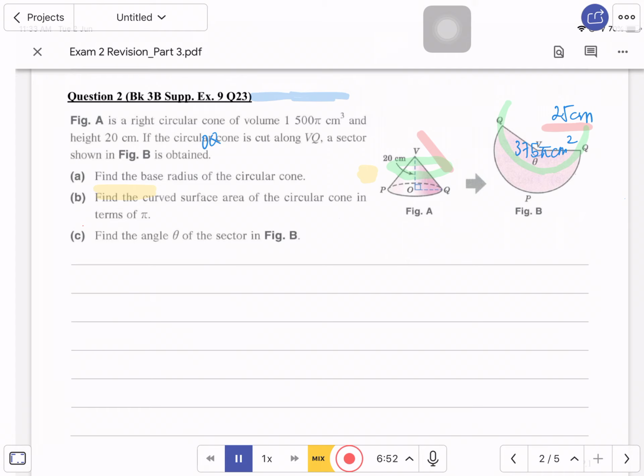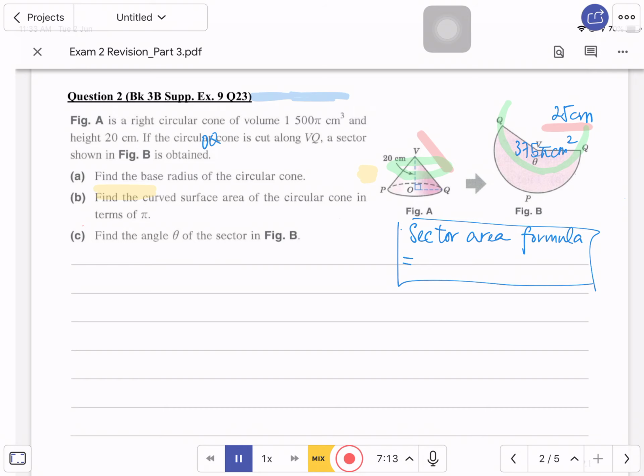And now we want to find theta, the angle of the sector. We make use of the sector area formula.